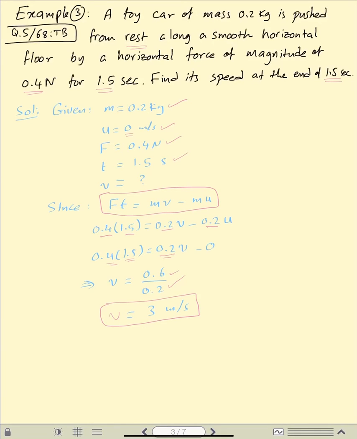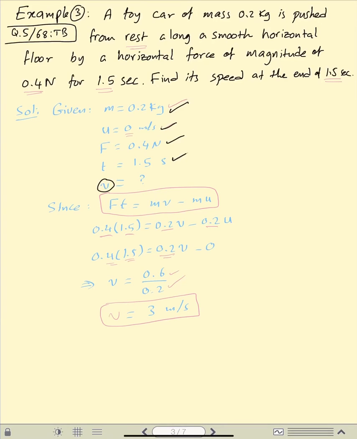Good. The most important thing is to write the given quantities, the given information. We are given the mass. The mass is 0.2 kilograms. Since it is pushed from rest, U is 0, by a force of 0.4 newtons for time 1.5 seconds. He wants the speed at the end, so he wants V.